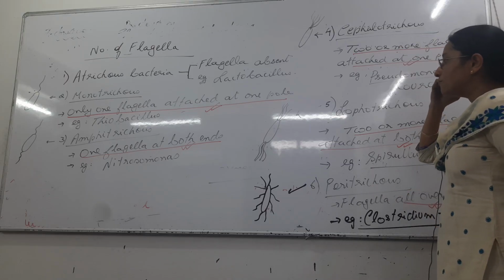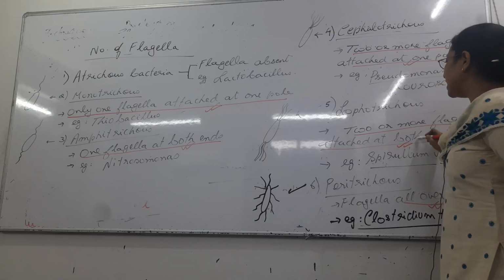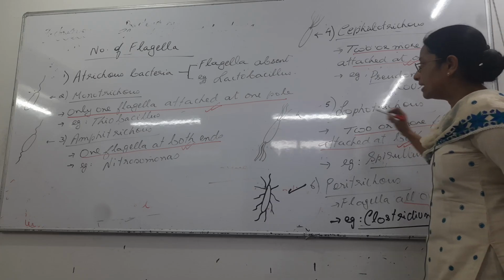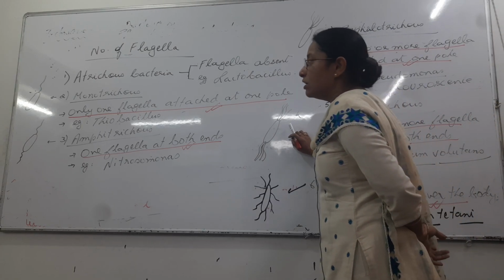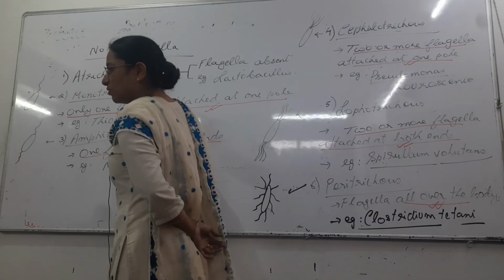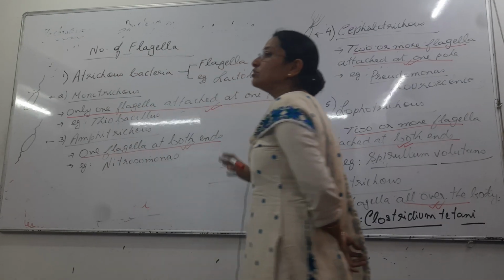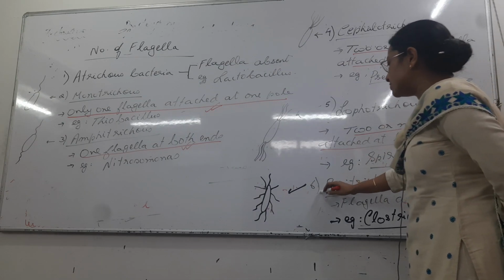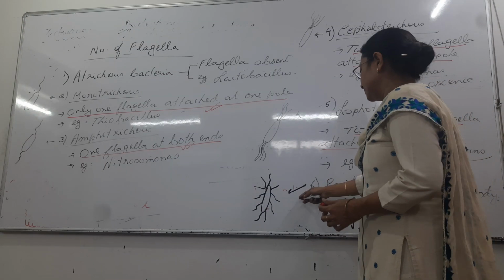Which has one or more flagella arising from both the ends is called lophotrichous. So from one end, from both ends. I think looking at the diagram we understood. So what is important is the terms, tick them as already written. Examples not important. And out of this, maximum questions have been asked on peritrichous.